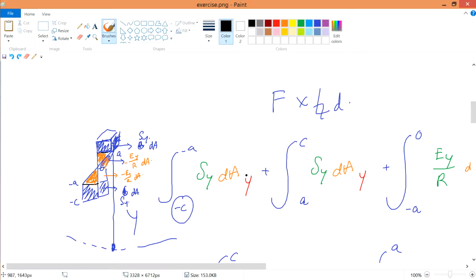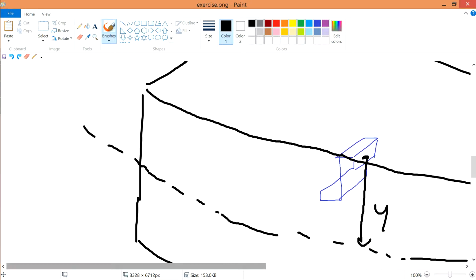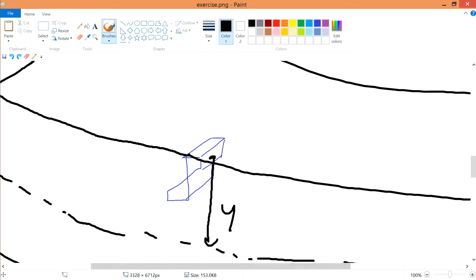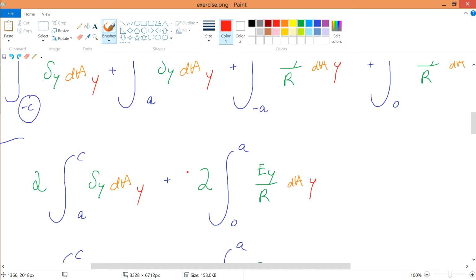And the Y itself is this perpendicular distance, because your force is acting in this direction, which is your stress times your area, or your dA. This is your yield strength times your dA, and the perpendicular distance is your Y. So this is why I'm setting up this equation.